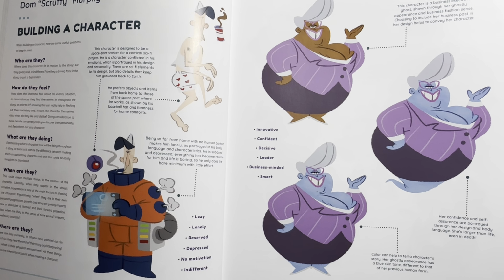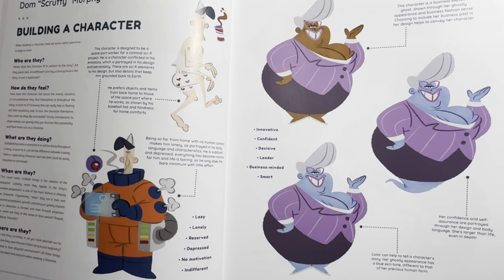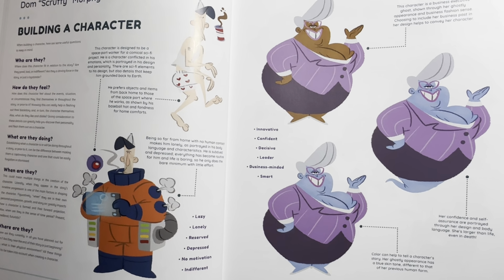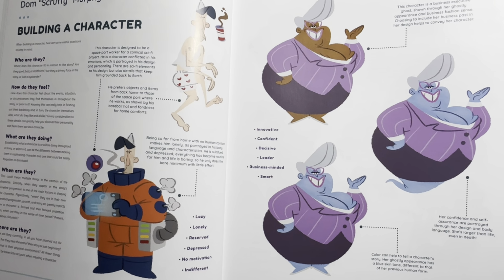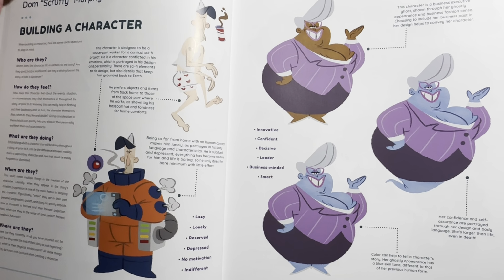I don't have him really old yet, but in his younger years, he's maybe 7 or 8-ish, and then he gets a little older. So you just want to establish what part of the story he is in.